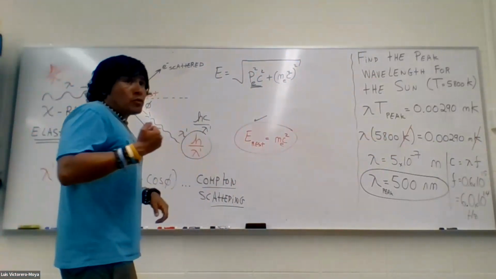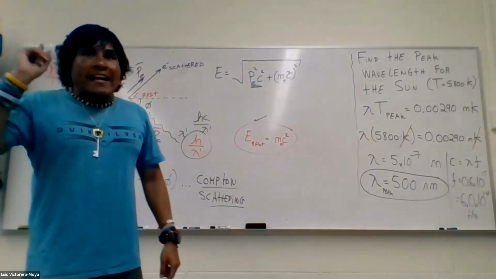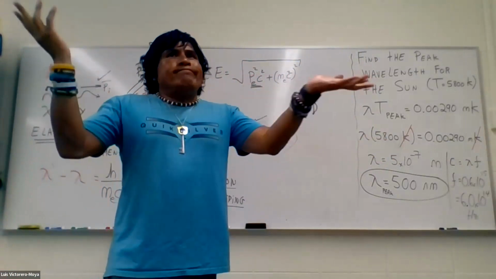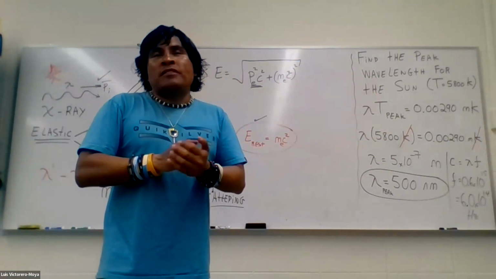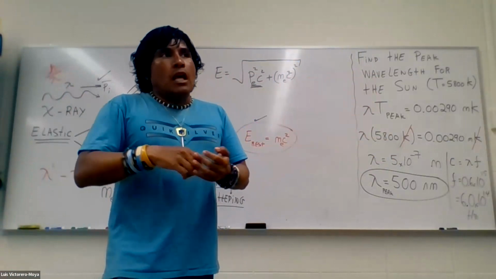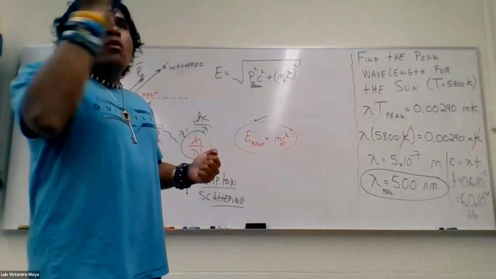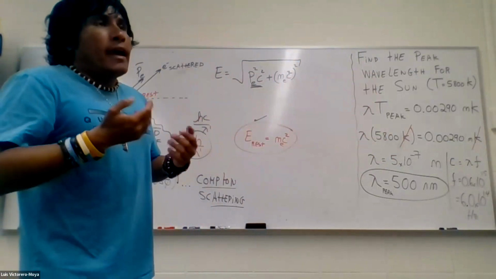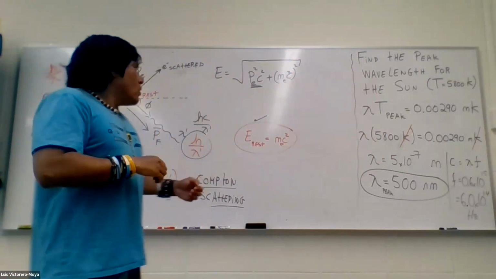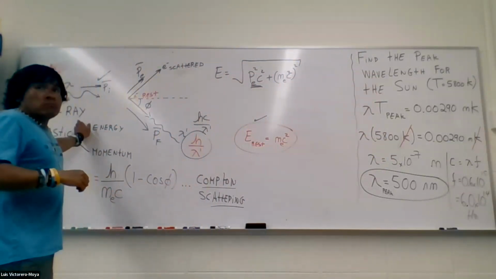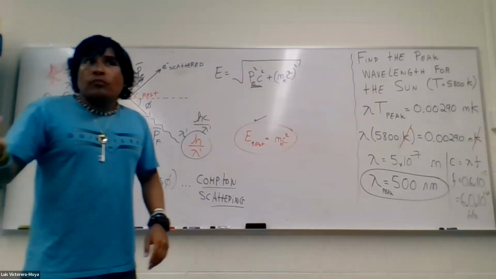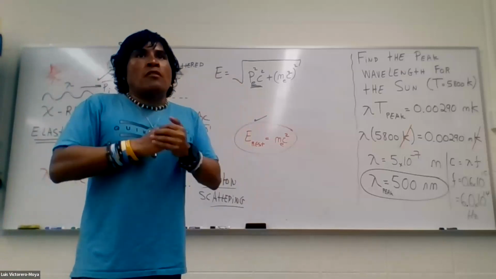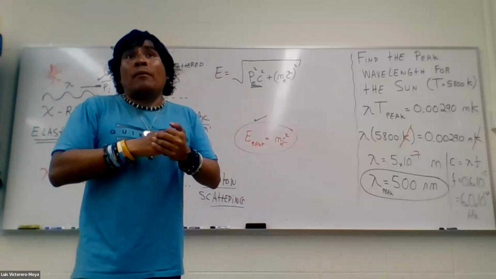In the inverse Compton scattering, you have relativistic electrons, electrons moving at 30, 40, 50% the speed of light. And they can collide with electromagnetic radiation in infrared or microwave, which have smaller frequencies than X-rays or gamma rays.